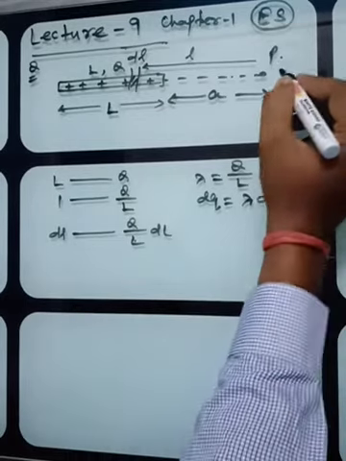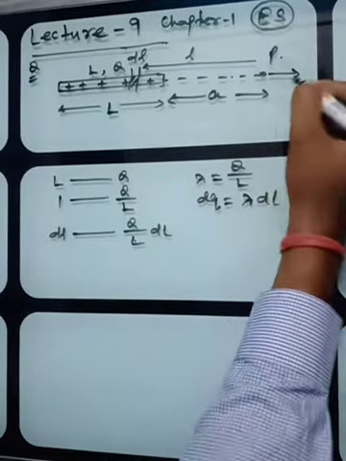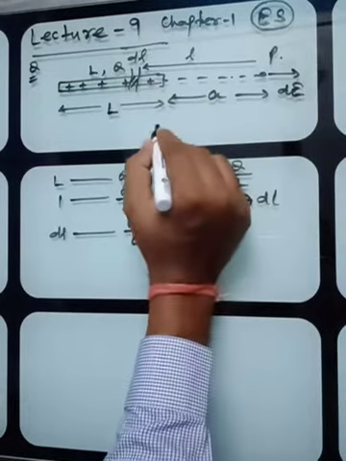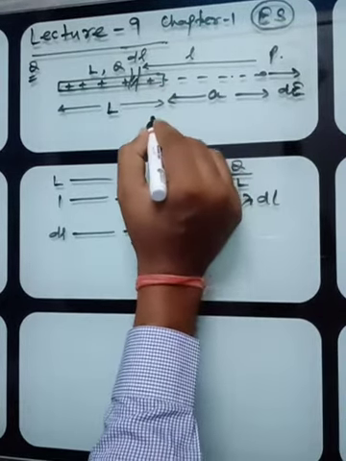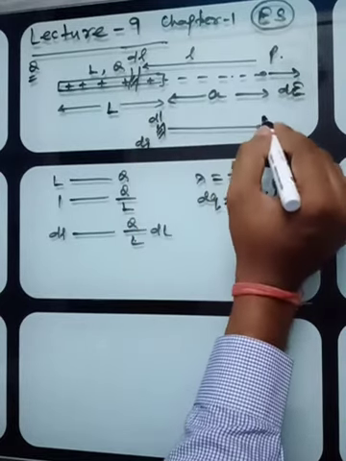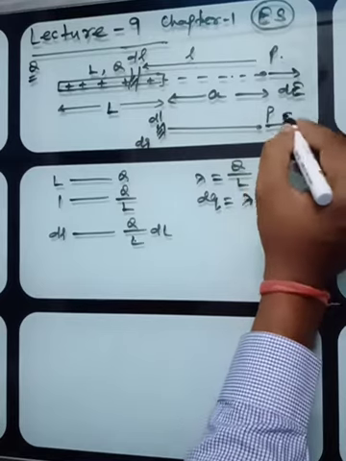So the electric field, since this is a positive rod, is in this direction, and the small elemental part, the elemental length dl with charge dq, will give you at this point P an electric field dE.